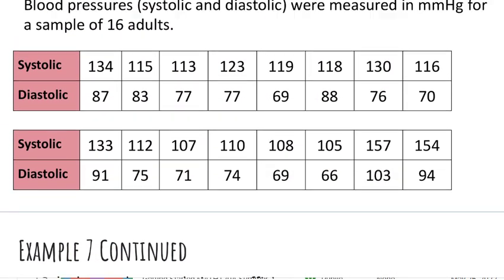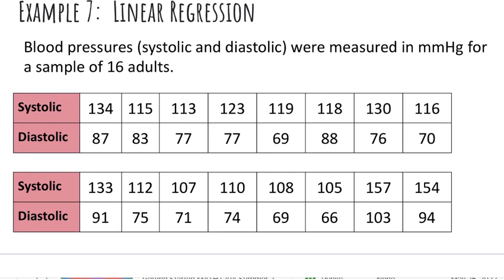All right, so I have another example, blood pressures. I just want to let you know, this was too long to do one table, so this is only half of the data points. Here's the other half. Systolic is the top number in blood pressure, and diastolic is the bottom number. So you're going to enter all of the systolics in your X, and all the diastolics in your Y for these 16 adults.